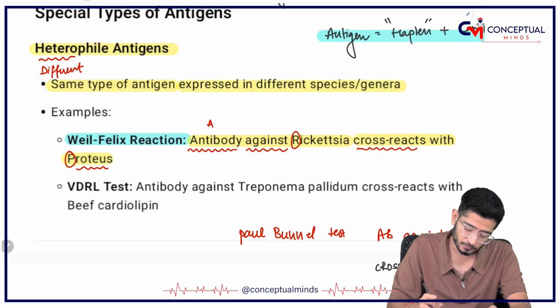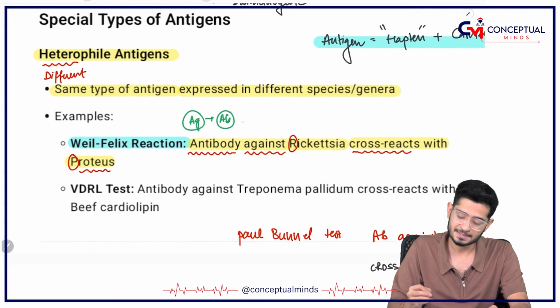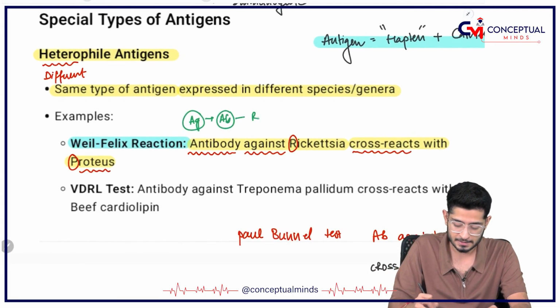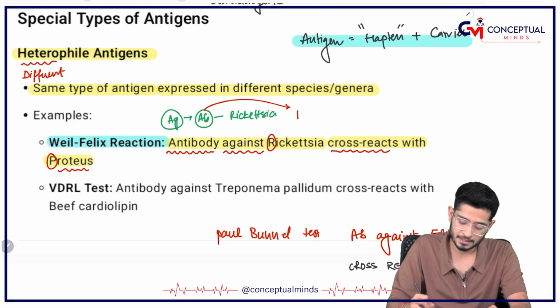That means the same antigen. See what happens is, there is an antigen which is going to perform the antibody, and once the antibody is formed, it is against rickettsia. Now the same antibody is reactive against the Proteus also.